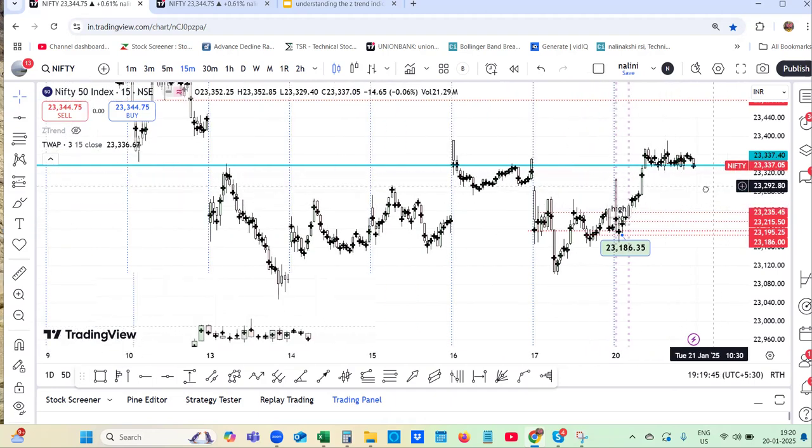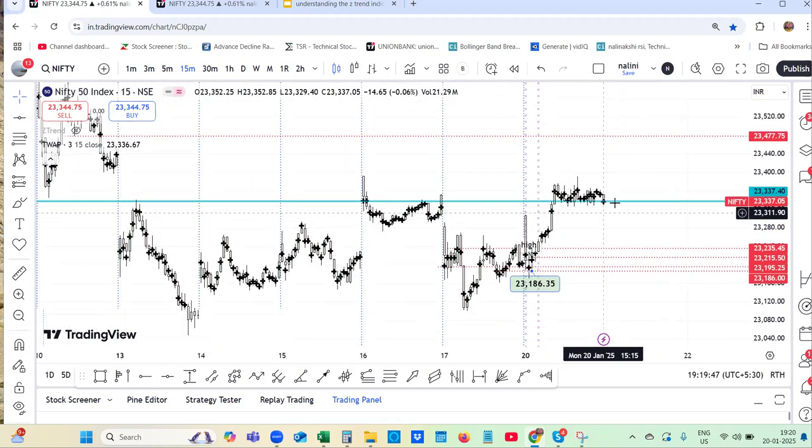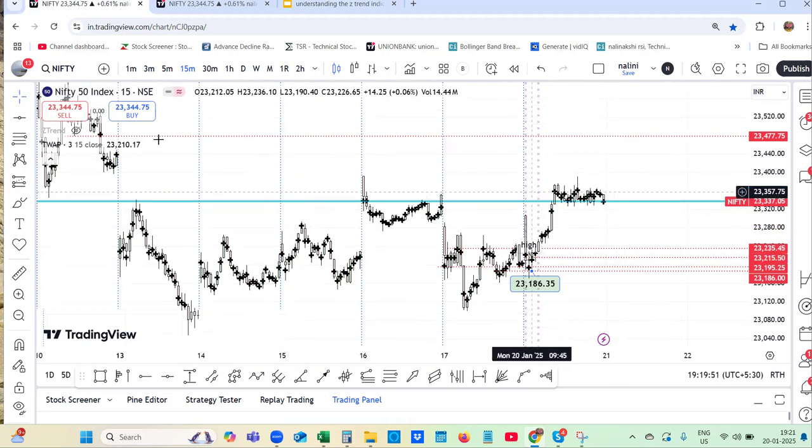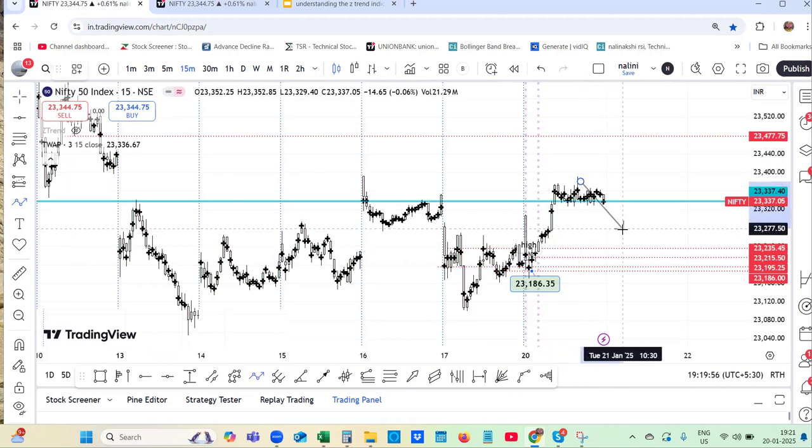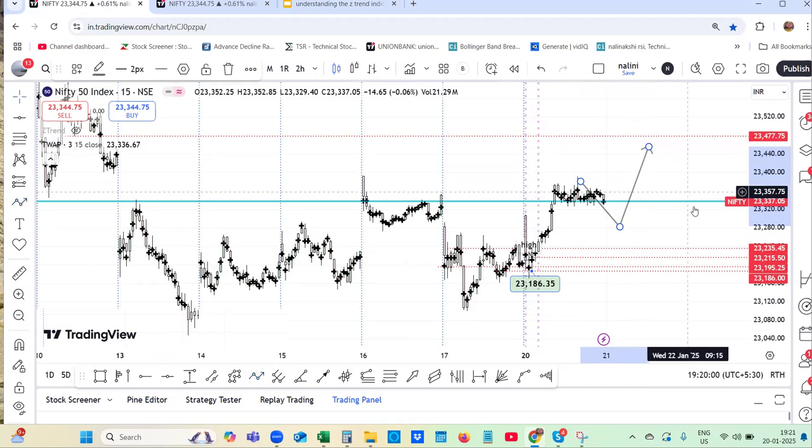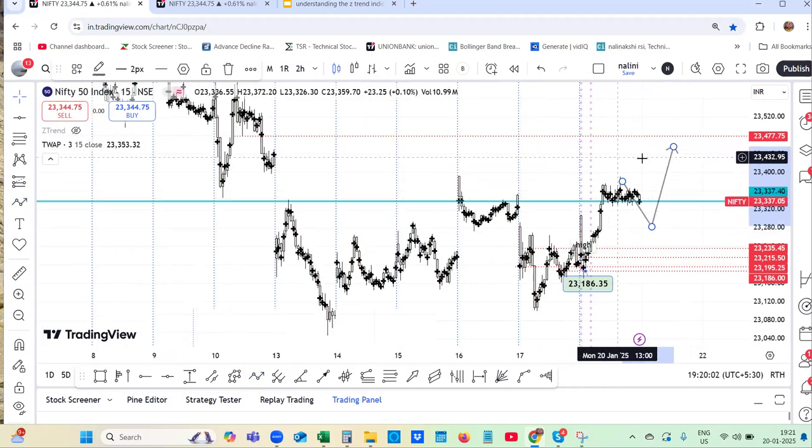So it is making an attempt. If tomorrow the price action takes support like this, if it comes down, takes support, and starts making an attempt, the trend may continue.